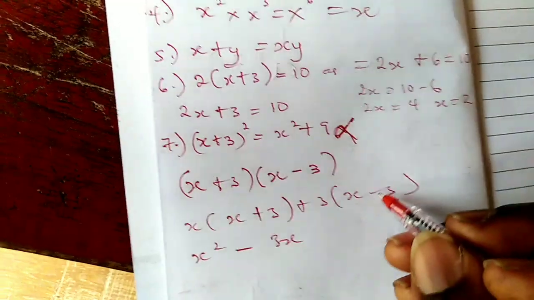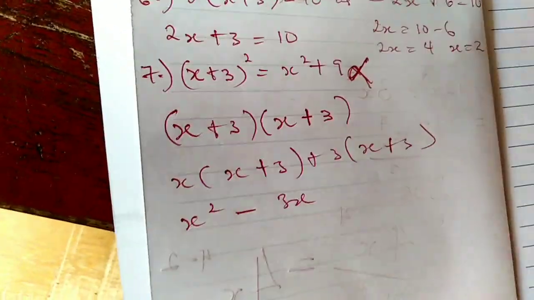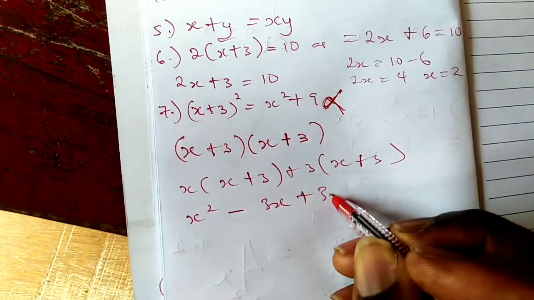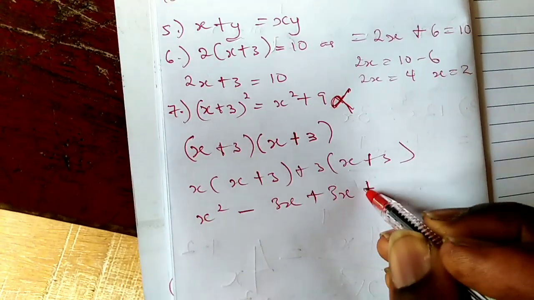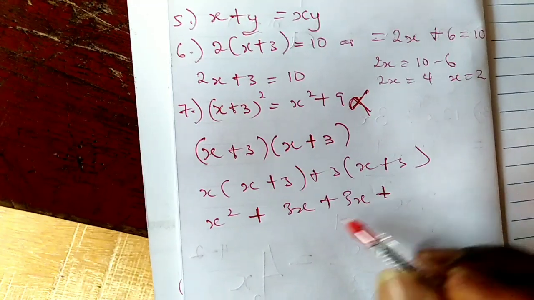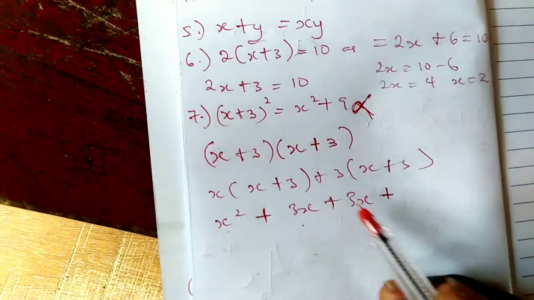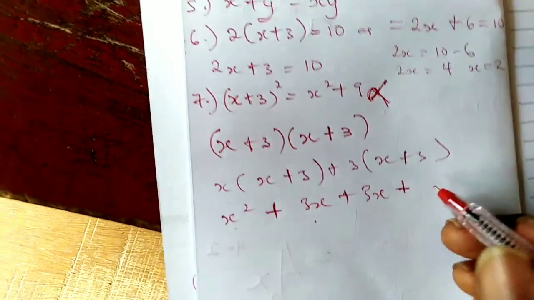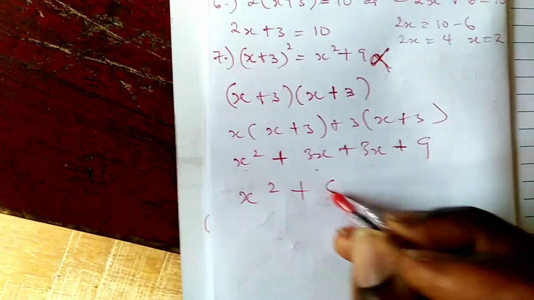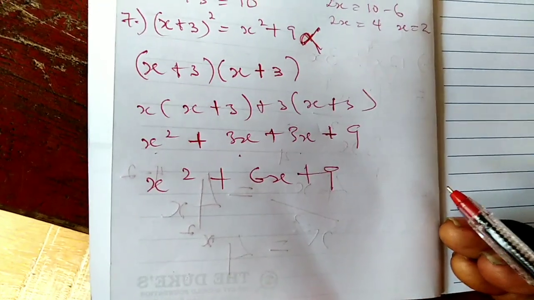But both signs ought to be positive, sorry. Isn't it? So I have plus 3 times x, that will give me 3x. This times this will give me x squared. X times 3 will give me 3x. 3 times x will give me 3x. 3 times 3 will now give me 9. So this will give me x squared plus 6x plus 9. That's supposed to be the correct expression.